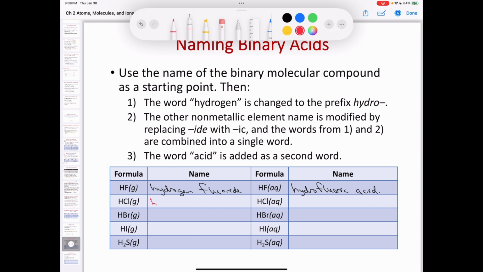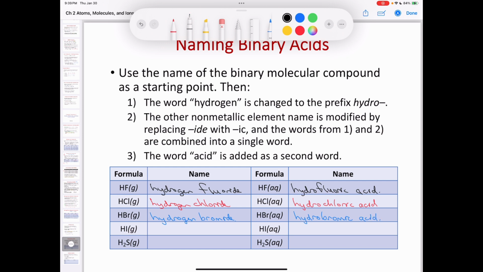All right? Follow the same trend for the next one. This would be hydrogen chloride, right? And this would be hydrochloric acid. The next one, we have hydrogen bromide, and this would be hydrobromic acid.